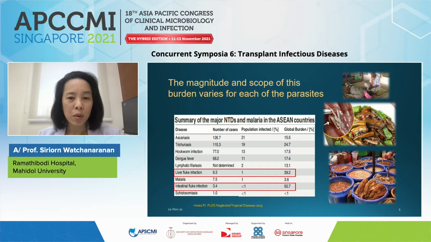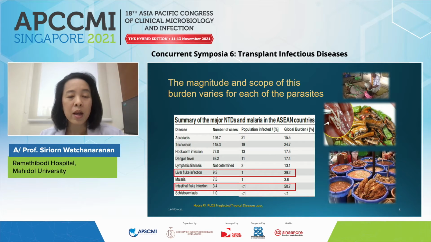On the right lower picture is food that is also quite common in Thailand, the fermented fish, which is quite famous in the northeastern part of Thailand, and this brings many types of the parasites.